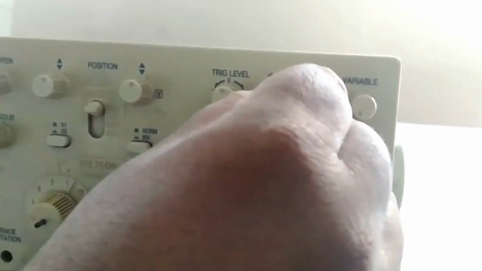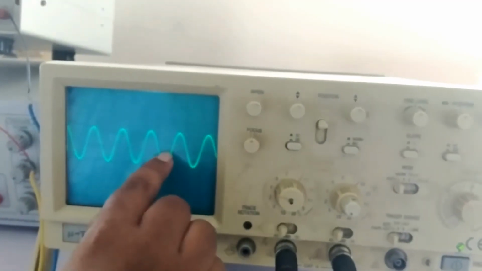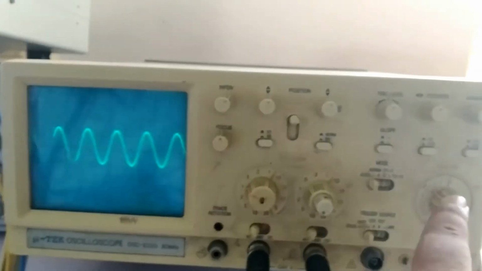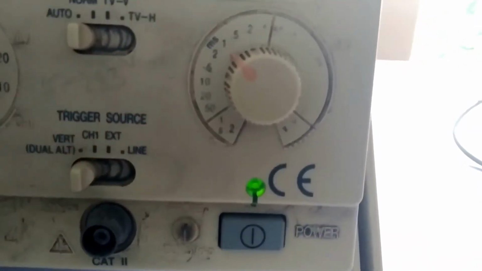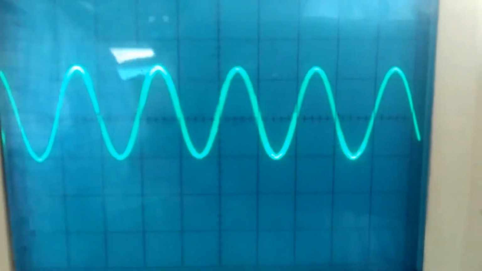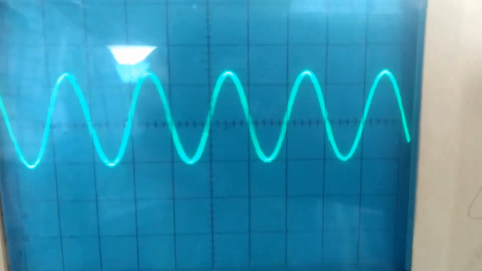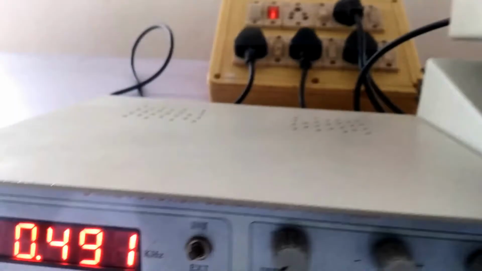Similarly, the time period is 2 units on the horizontal side, 2 units into 1 millisecond per division. So the time period is 2 milliseconds, and the frequency is 1 by 2 milliseconds, which is 500 Hz.